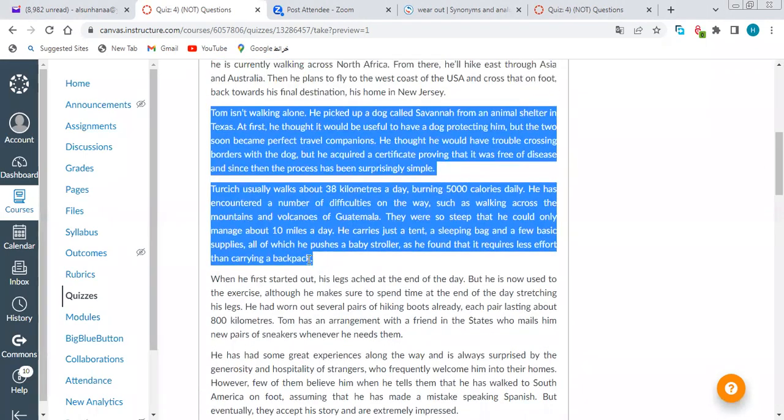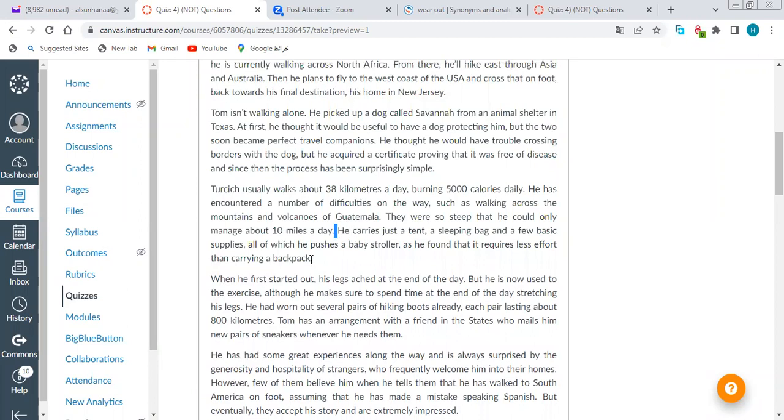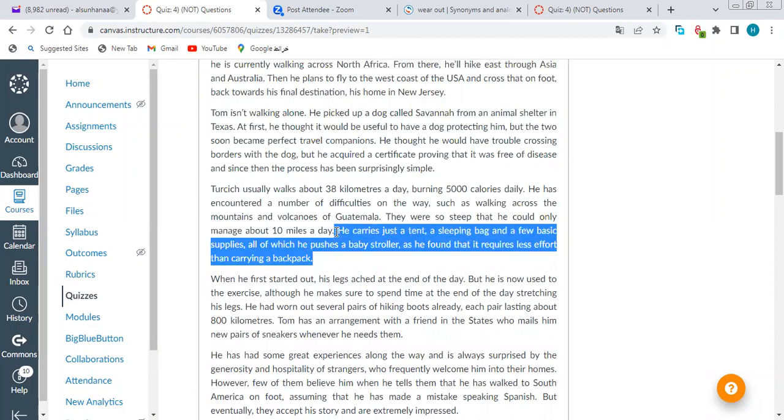I just want you to read the last 2 sentences here. Here I say what he carries: just a tent, a sleeping bag, and a few basic supplies, all of which he pushes in a baby stroller, as he found that it requires less effort than carrying a backpack.